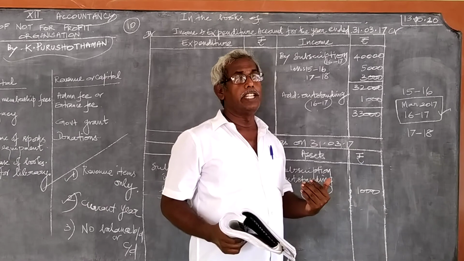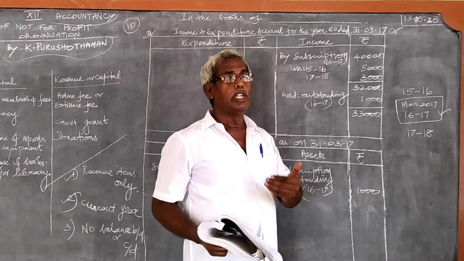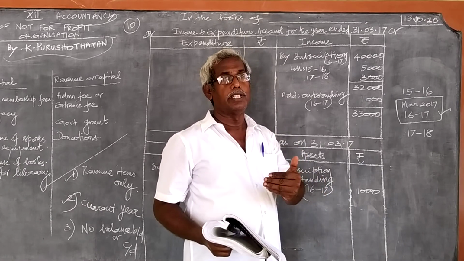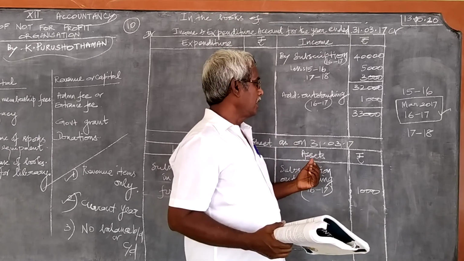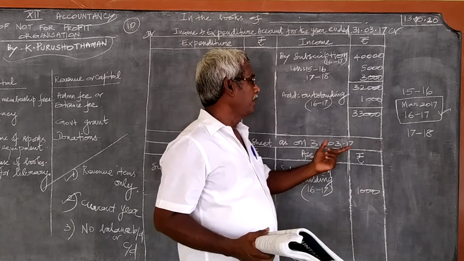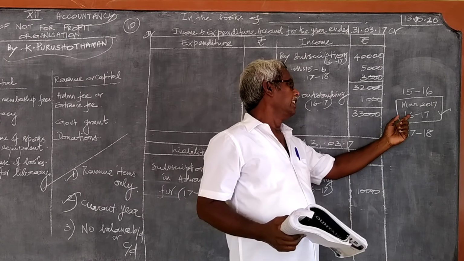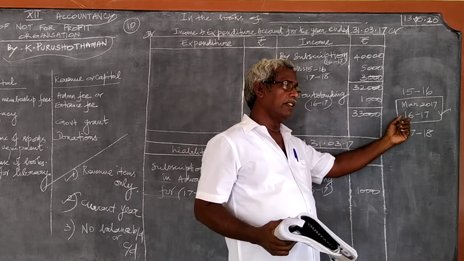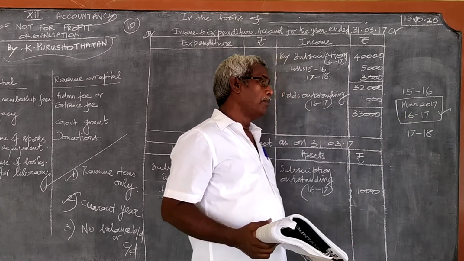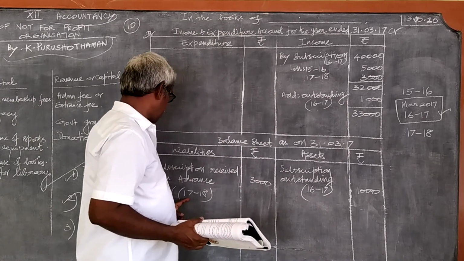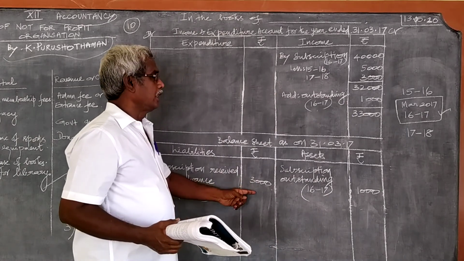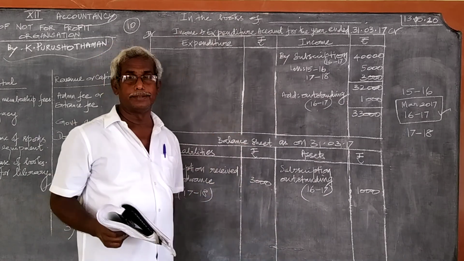If we receive any amount today for tomorrow, it is subscription received in advance. Since the subscription for 17-18 is received in the year 16-17 itself, it is the amount received in advance for 17-18, 3,000. That's all.